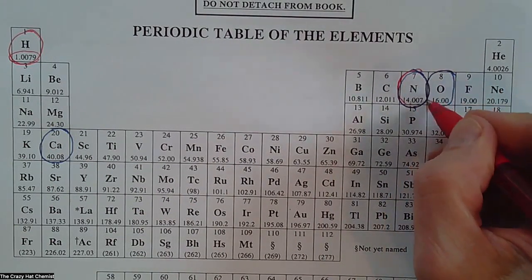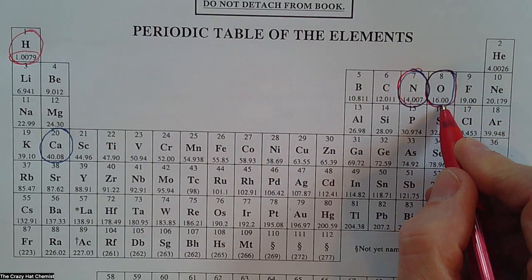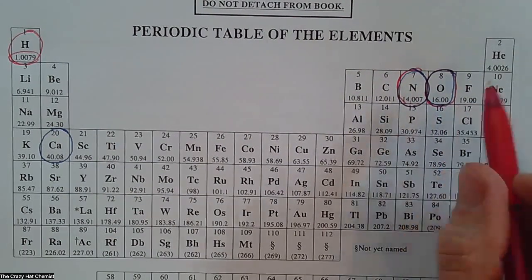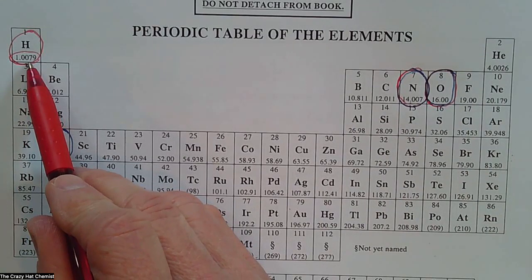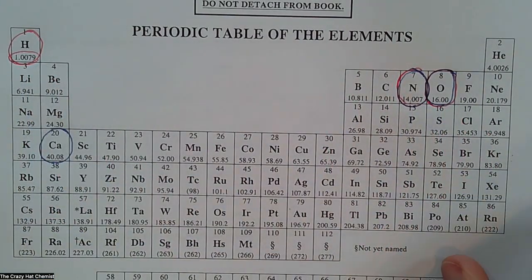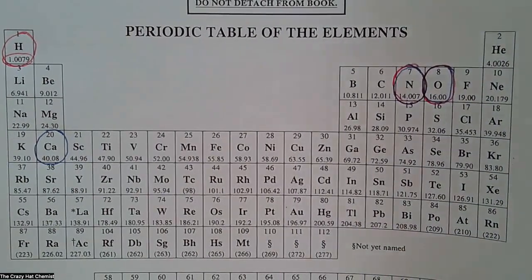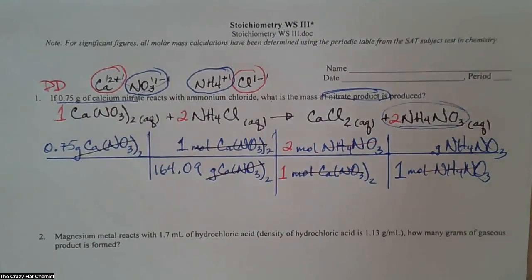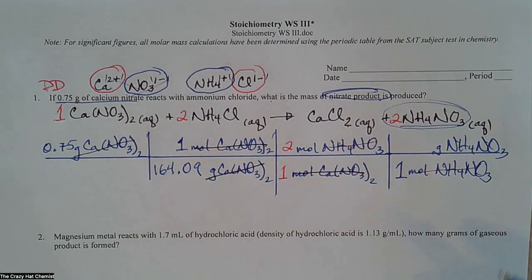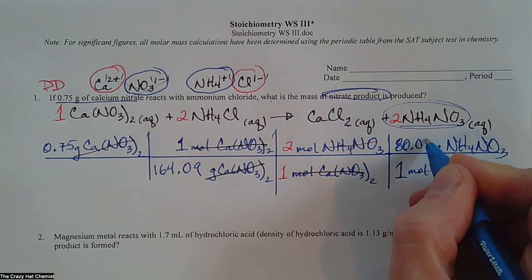And then the molar mass for oxygen, that's 16.00, and multiply that by 3. Now, we have 4 decimal places, 3 decimal places, and 2 decimal places. So our molar mass for ammonium nitrate is going to have the fewest number of decimal places, which is going to be 2, because that is what oxygen has. So I'm going to have 80.05.